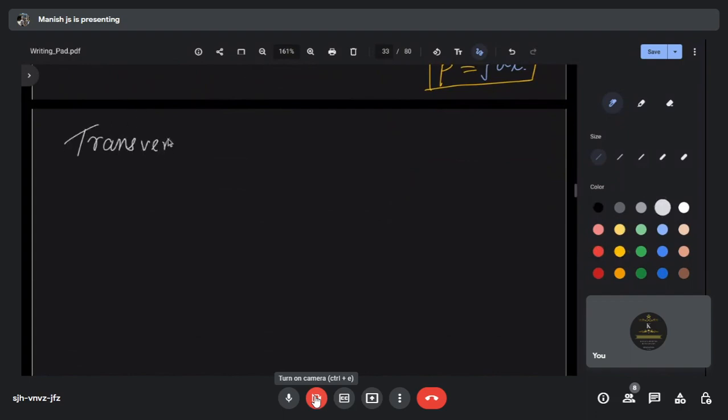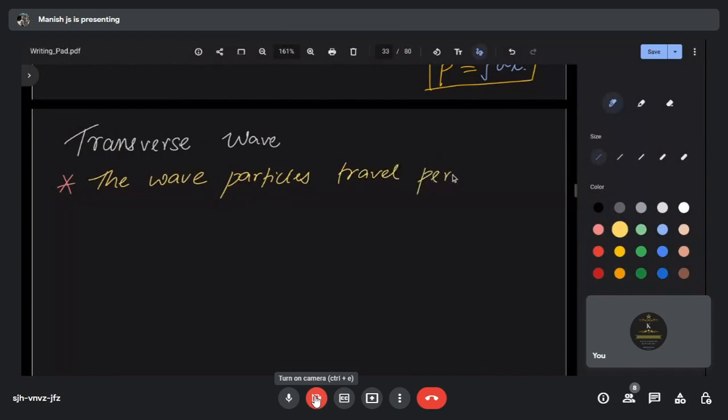Let us look at the same thing for a transverse wave. In a transverse wave, what is a basic idea? What will be the first point? You talk about the directions. So in a transverse wave the waves travel. How do the waves travel in a transverse waveform? Perpendicular to the direction of propagation. Yes. Okay, we will start like this. The wave particles travel perpendicular to the direction of propagation of the wave.